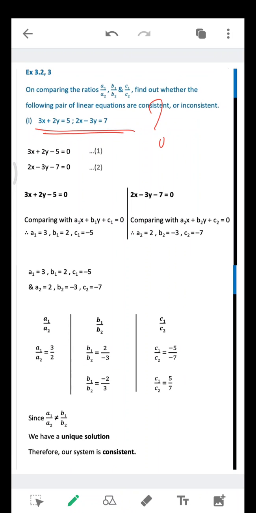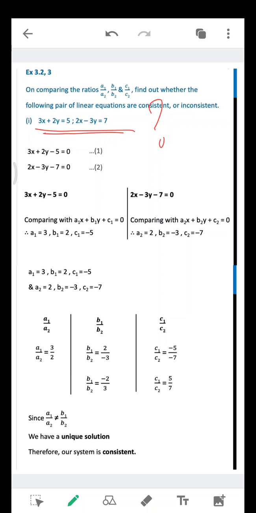So let's see, by comparing the ratios of the coefficients, we can say whether the equations have a unique solution or not.